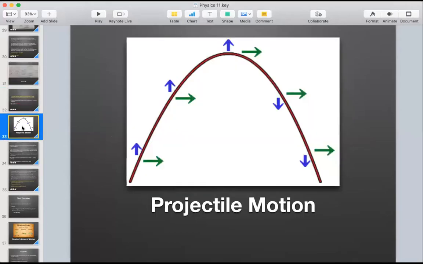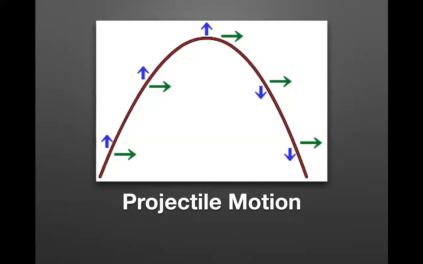Projectile motion. This is my favorite kind of stuff in physics. You don't need to copy this diagram down, but I think it's good because there's so much wrapped up in this.